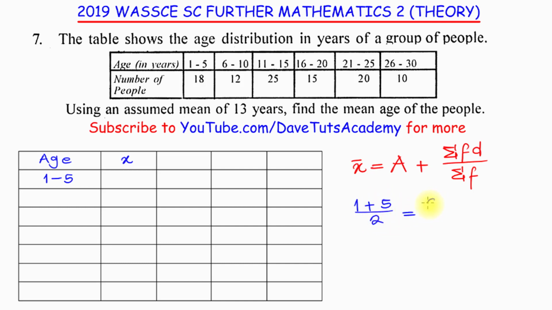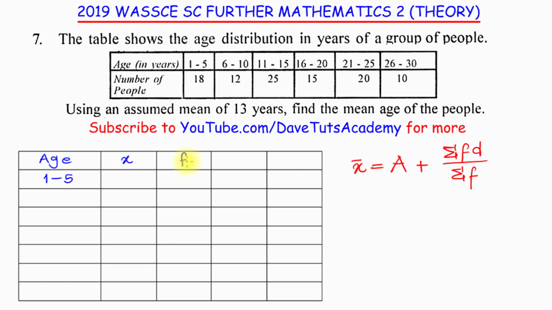That is going to give us 6 over 2, which is 3. And we can do that for each of the entries of those age brackets. So it's just the midpoint, and this is also a means of finding the midpoint of that particular data set. So let's keep that in mind as we go ahead trying to solve our question. That's how we get the value of the class mark.